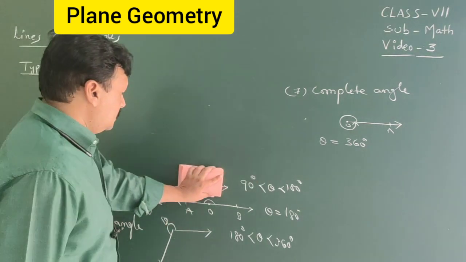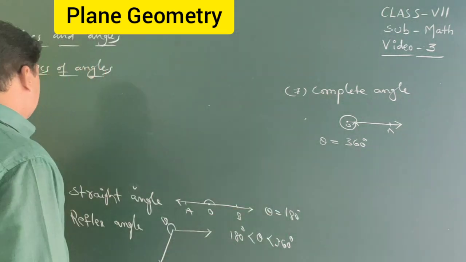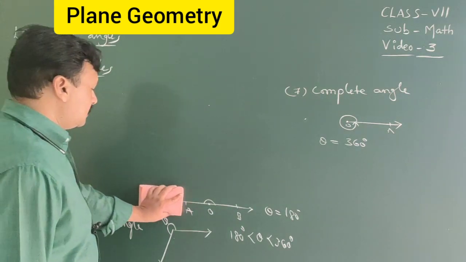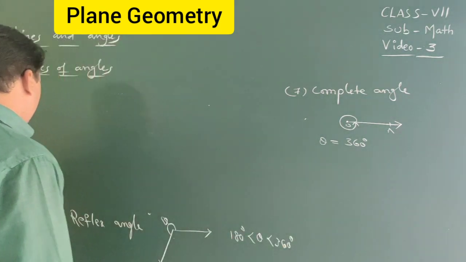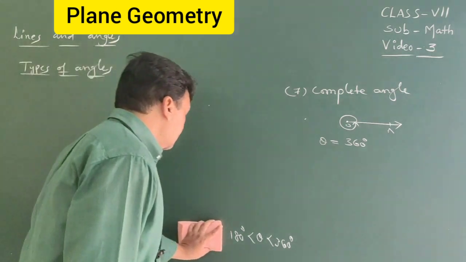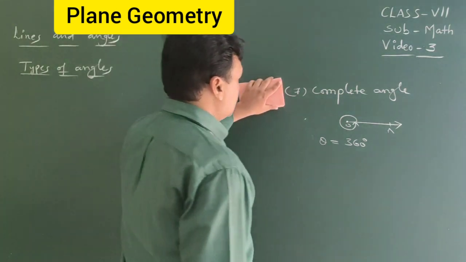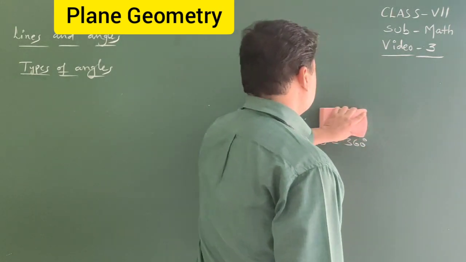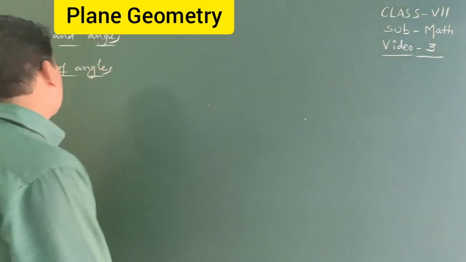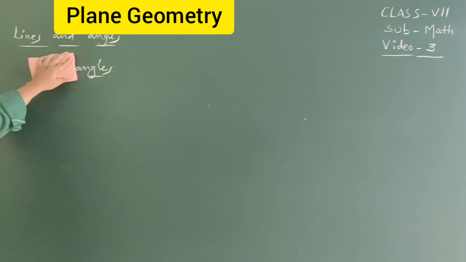Obtuse is greater than 90, less than 180. Straight exactly measures 180 degrees. Reflex is more than 180, less than 360 degrees. Complete is 360 degrees. It completes one complete rotation. It is called complete angle.